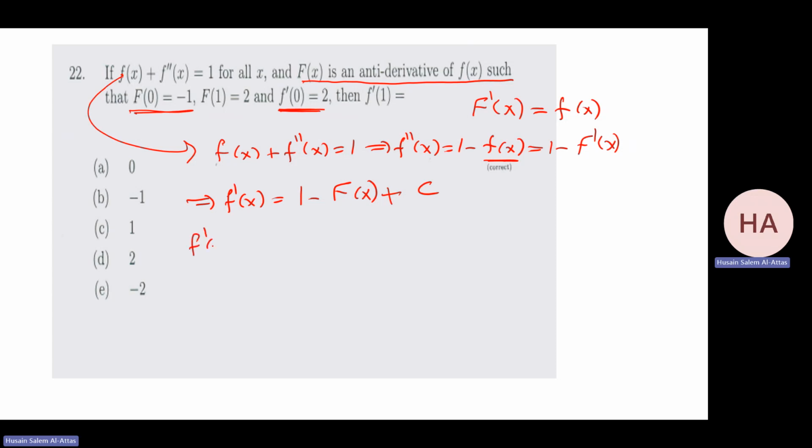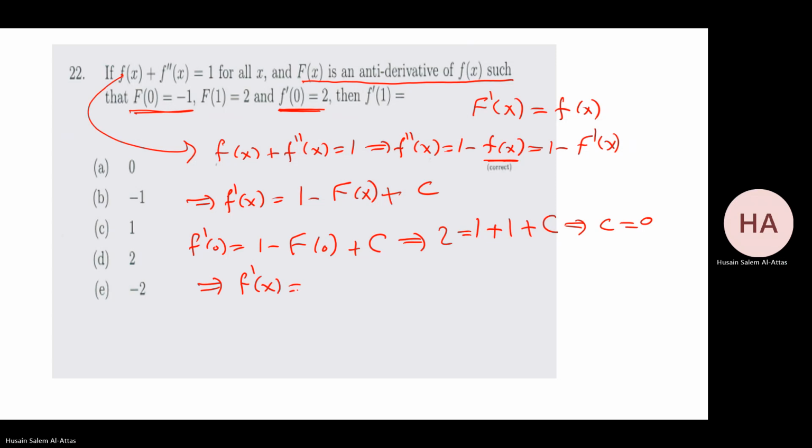So f prime at 0 will be 1 minus capital F at 0 plus c. Capital F at 0 will be minus 1. So this will be plus 1 plus c. 1 minus minus 1, that will be plus 1. So c equals 0.